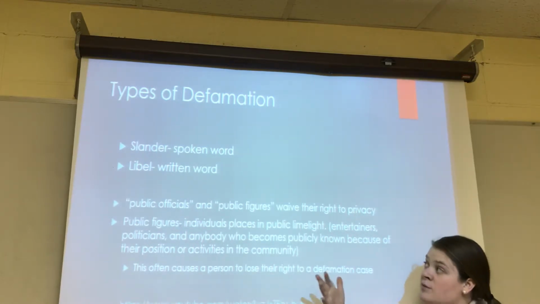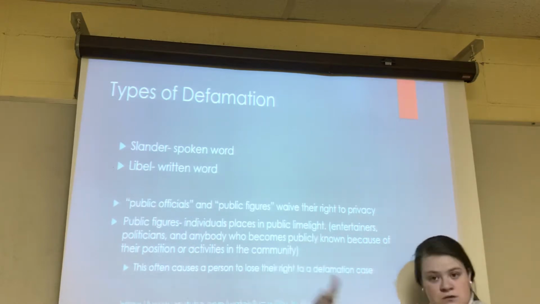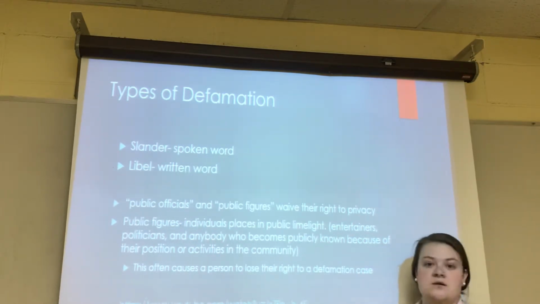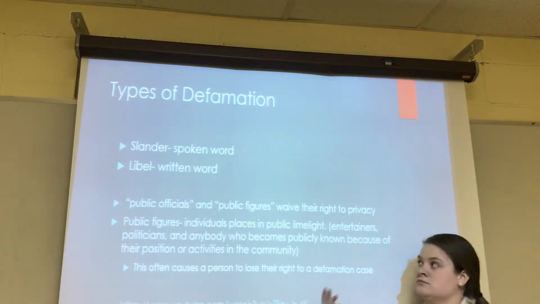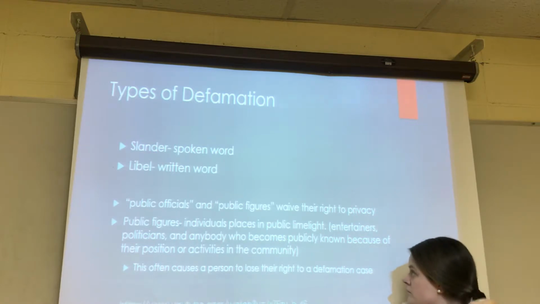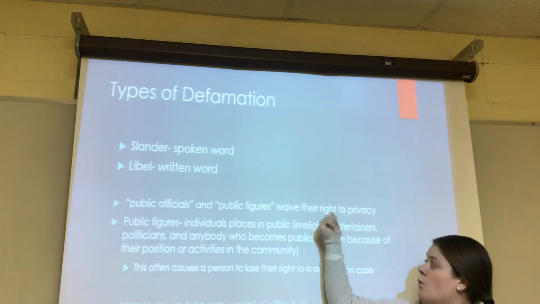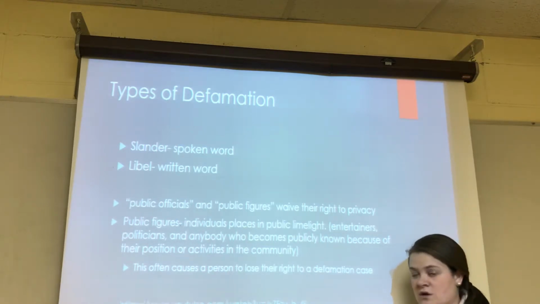And then libel is the written word, okay? So it's actually printed, maybe in a newspaper, maybe on one of those signs at a pro-abortion something. And then public officials and public figures waive their right to privacy, okay?